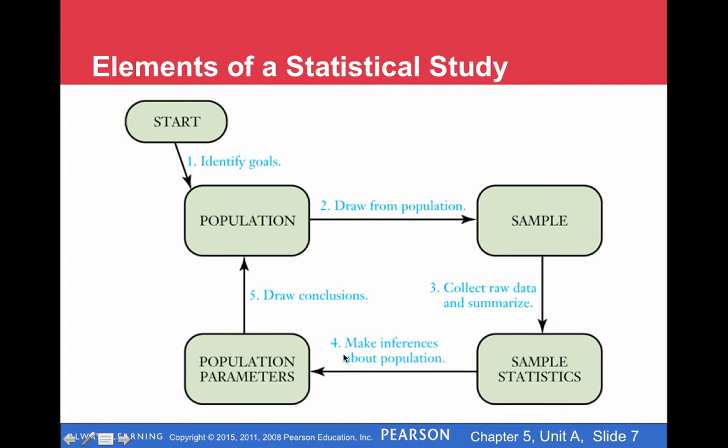And then we make inferences about the population parameters using various techniques, what we think the actual numbers are based on our statistics. And then we draw conclusions and say, okay, the level of pesticides is good or bad, or something needs to be done because there's too much.